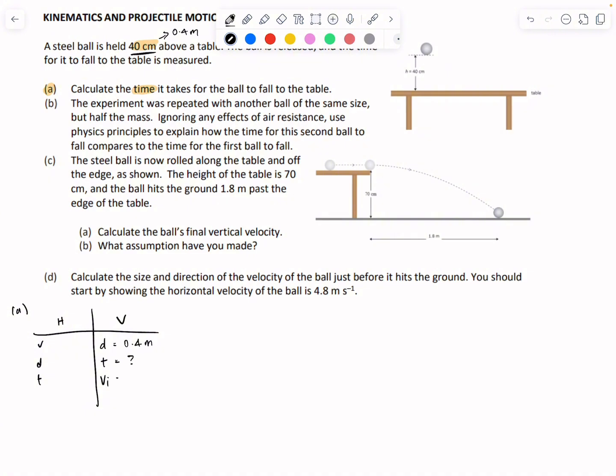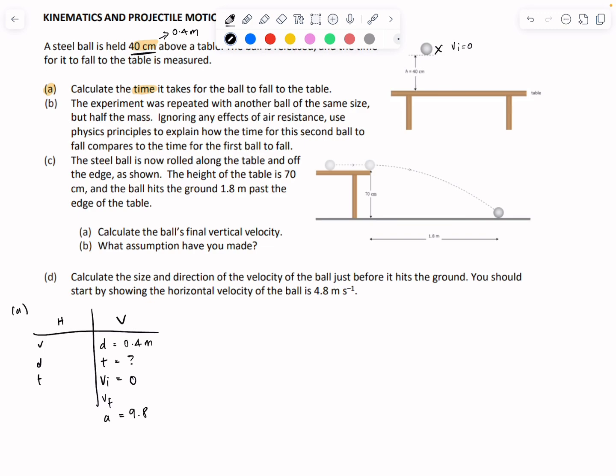The initial velocity is going to be 0 because at the top over here, there is no motion. It's at a standstill, so the initial velocity up top is 0. Final velocity, we don't know if we'll actually need it, but we know acceleration is 9.8 meters per second squared.